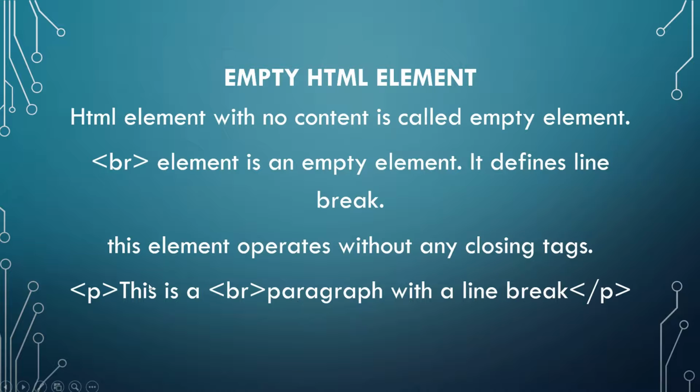So when you put this in an editor and run it, there will be a break here, and paragraph with line break will start in another line down to this phrase. So this is what we know as empty HTML element.